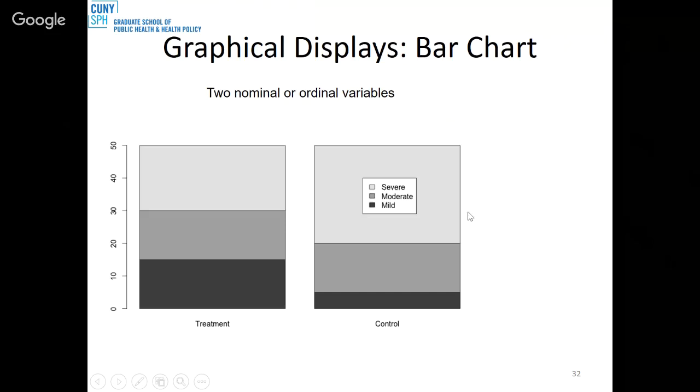The bar chart can be extended into, this is a stacked bar chart showing the proportions of people reporting severe, moderate, and mild pain in the treatment group and severe, moderate, and mild pain in the control group. So you can see here that if you're in this control group, there are a lot more people reporting severe pain than in the treatment group, and there are fewer people reporting mild pain than in the treatment group.